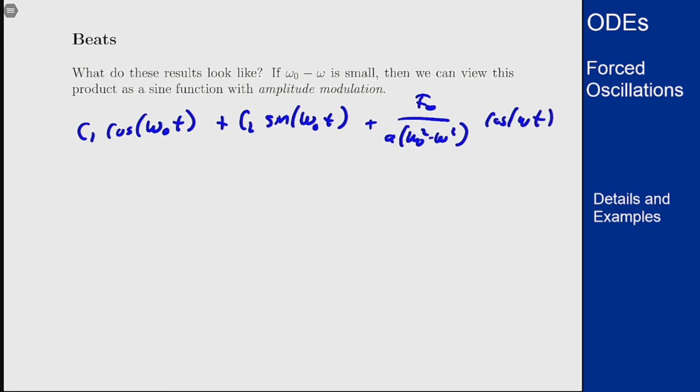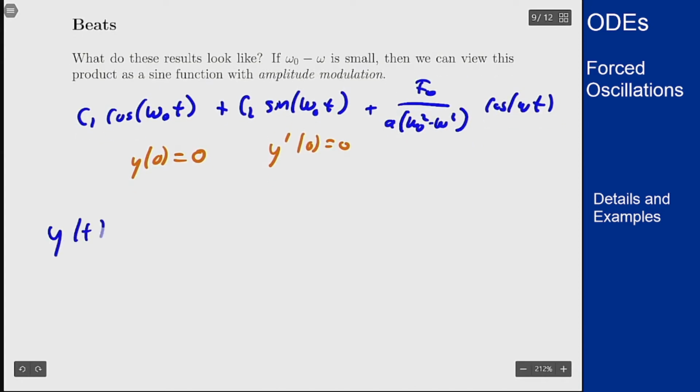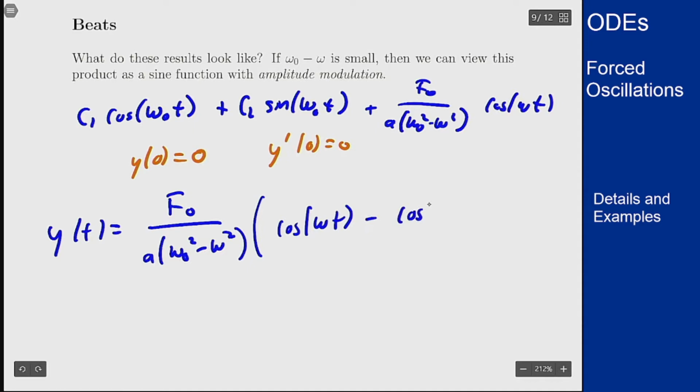And if we take the initial conditions that y of 0 equals 0 and y prime of 0 is 0, we end up with a solution that looks like y of t is f0 over a times (omega 0 squared minus omega squared) times (cosine of omega t minus cosine of omega 0 t), because the negative of this ends up being our C1.